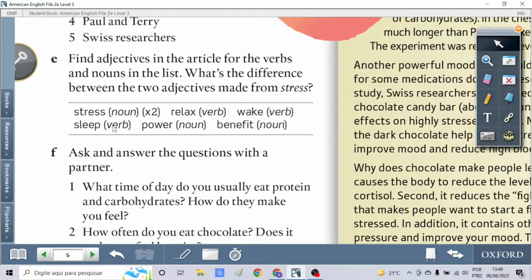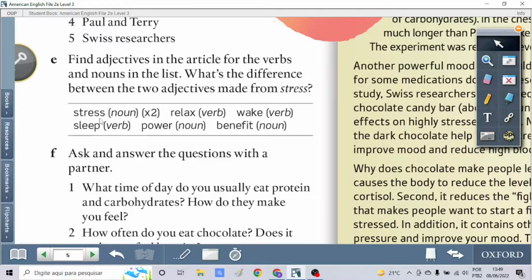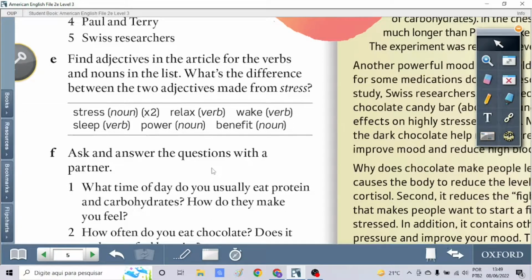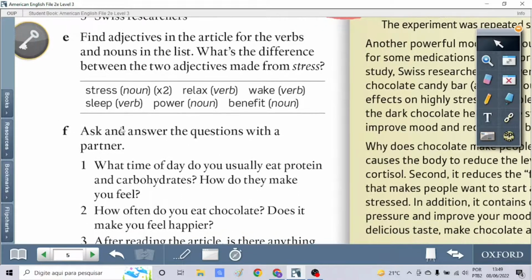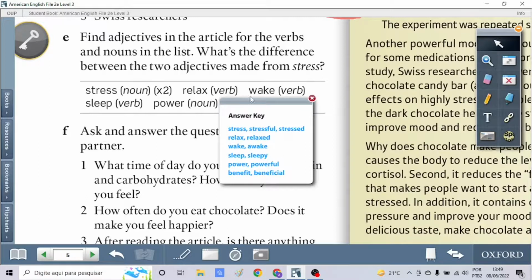Okay, we have here stress, relax, wake, sleep, power, and benefit. So you will find adjectives for the verbs and nouns in the list. Okay, did you finish? Let's check your answers then.